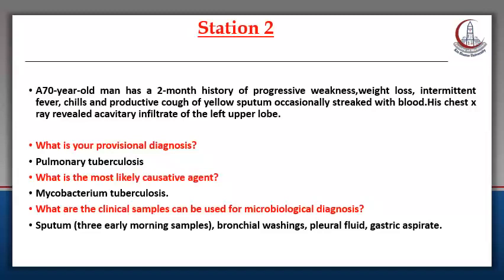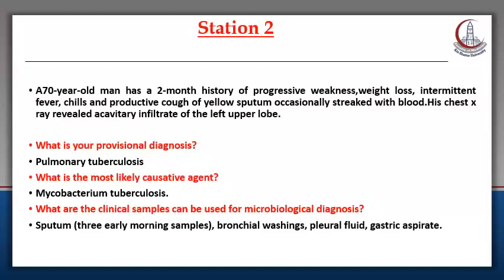It's an obligate aerobe, so the lesion of Mycobacterium tuberculosis most probably will be in the upper lobe of the lung, which has the highest concentration of oxygen. The causative organism for pulmonary tuberculosis is Mycobacterium tuberculosis.